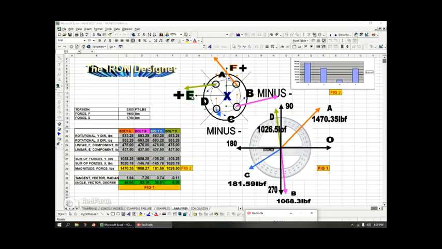Then I have a force E, which is a horizontal force, E. I colored it green. And here are the green arrows, 1, 2, 3, 4, to represent the breakdown of E.